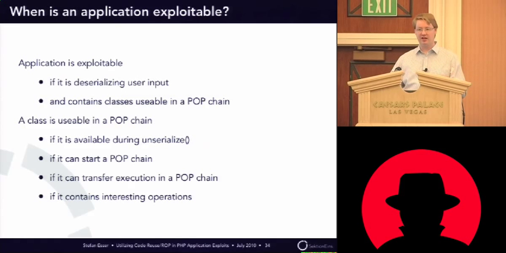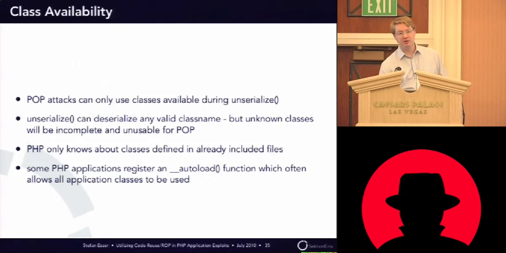First of all, the class must be available in the application at the time of the unserialize. Then you need something to start the POP chain. You need something to transfer the control from one object to the other. And in the end, you need some object with interesting operations. I will go into this later. So, first of all, class availability.